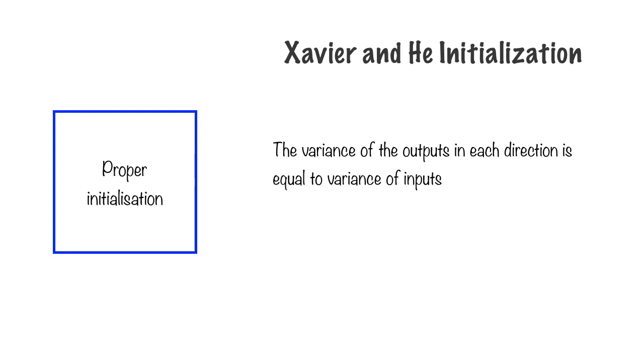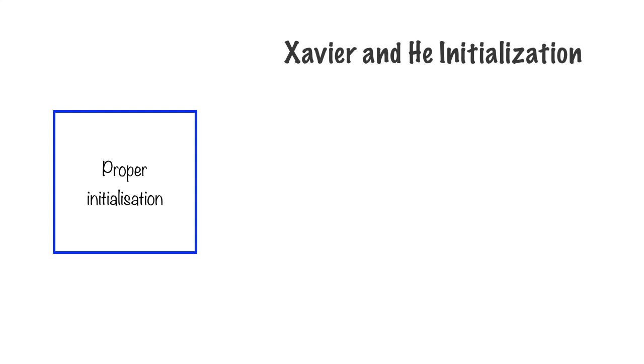What Xavier and He noticed when they performed their research was that the variance of the outputs in each direction should be equal to the variance of inputs so that you get a neural network which is not prone to vanishing and exploding gradients. By initializing the neural network weights randomly instead of setting them all to the same value, they achieved smooth gradients.